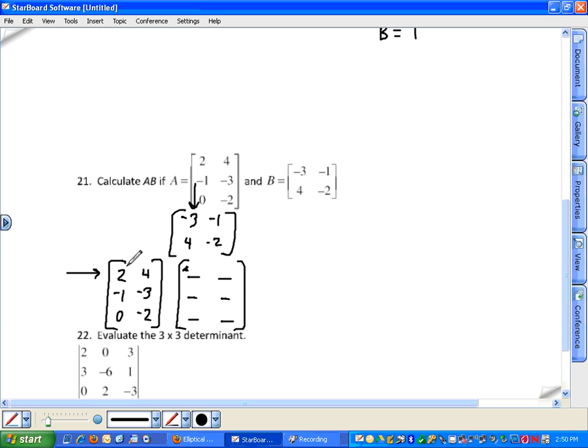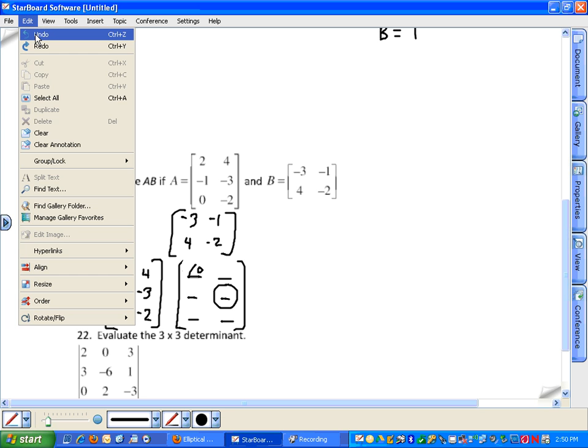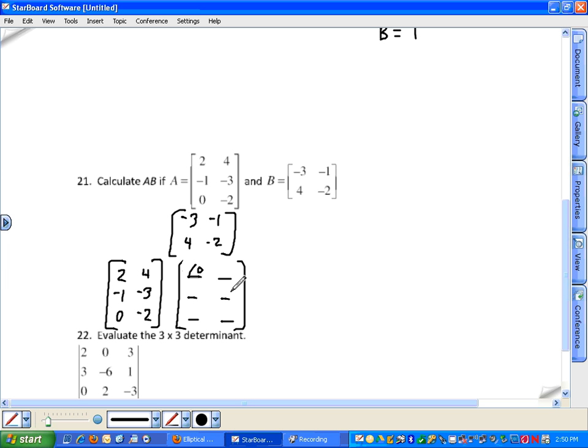The 2 times negative 3 makes a negative 6, and the 4 times 4 makes 16. Adding those two is going to give you a 10. And that's how the multiplication works. Whatever entry you want, like this entry here, that's going across the middle row and down this column. Negative 1 times negative 1 is 1. Negative 3 times negative 2 is 6. 1 plus 6 is a 7.